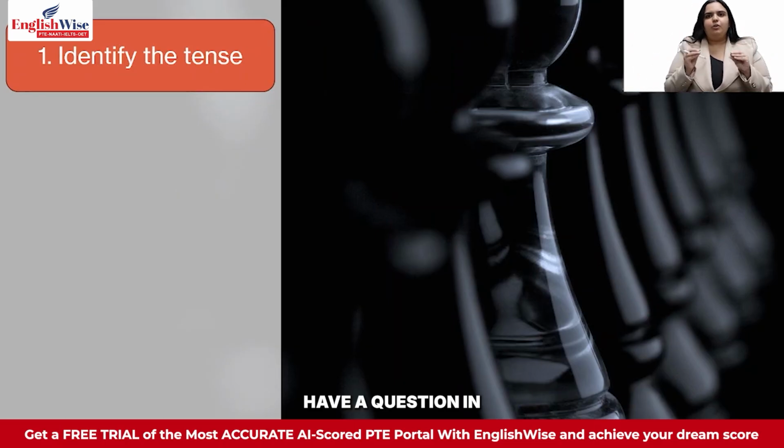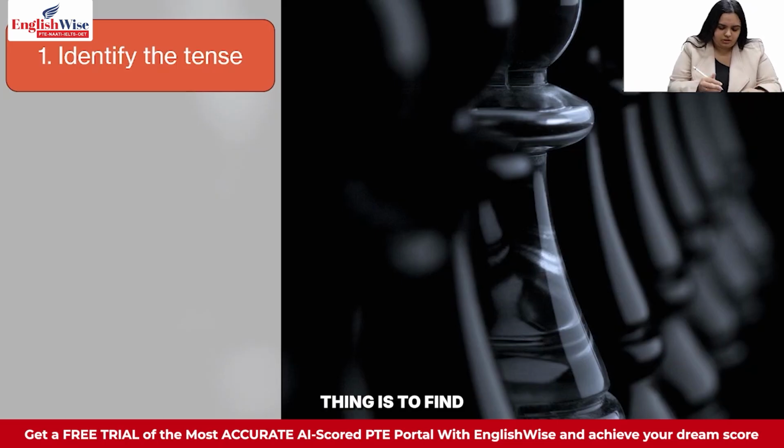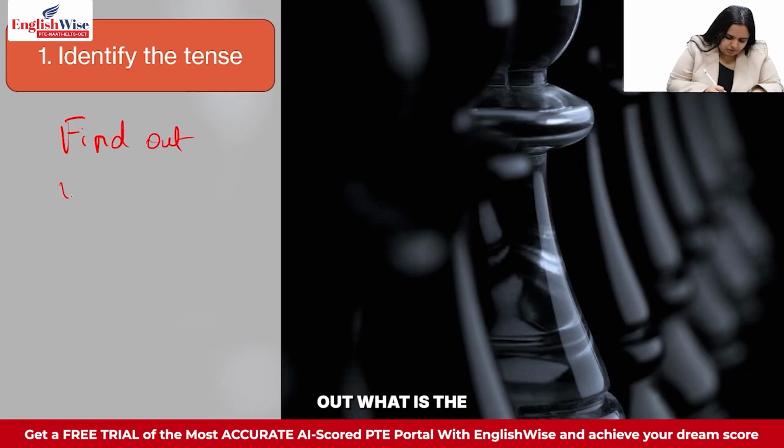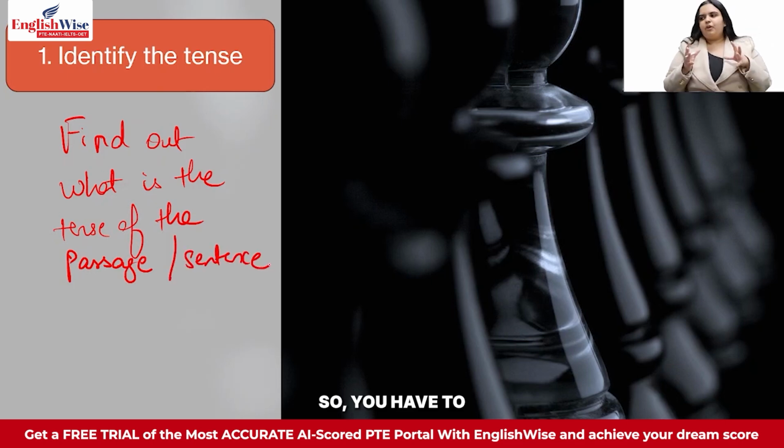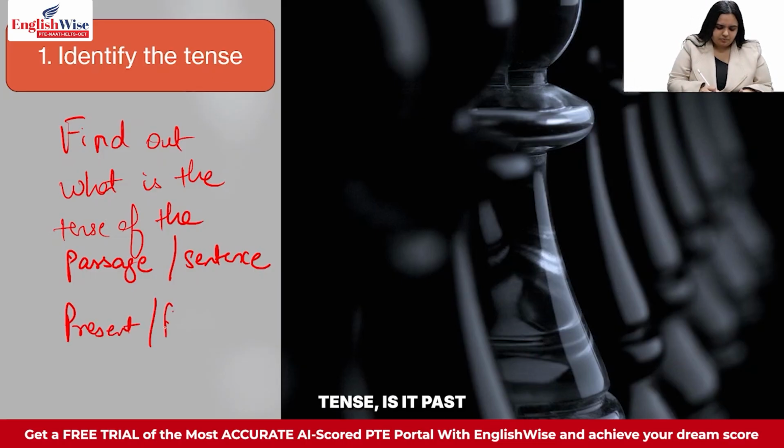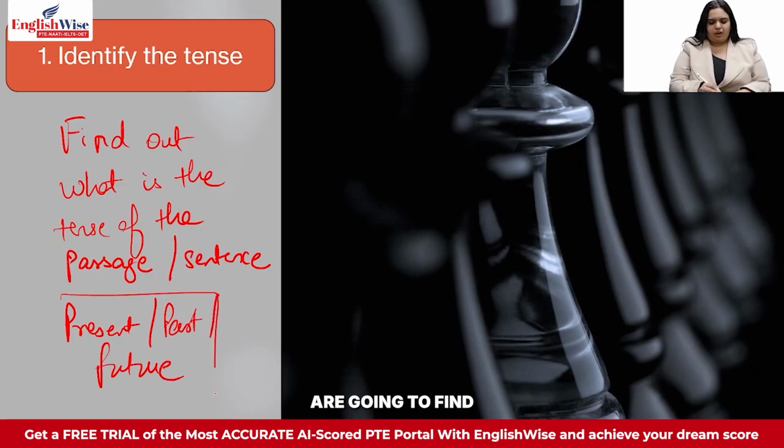Whenever you have a question in your exam, your first and foremost thing is to find out what is the tense of the passage or the sentence. So you have to find out what tense your passage or your sentence is following. Okay, is it present tense, is it past tense, or is it future tense? Okay, this is what we are going to find out first and foremost.